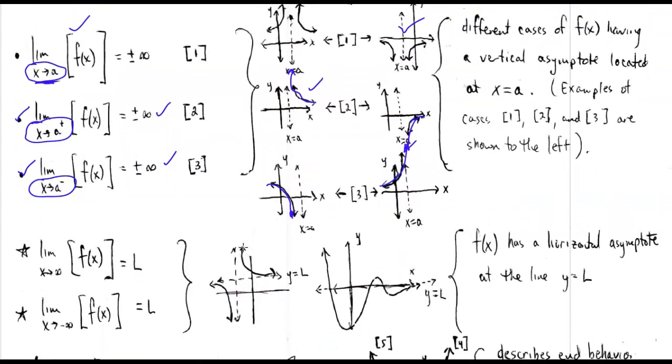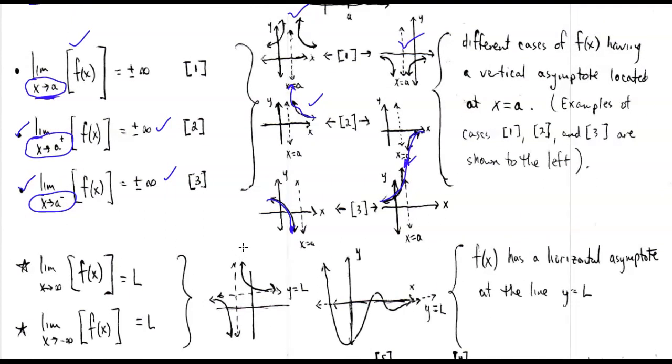All right, so the next examples that I have here are how we express that we have a horizontal asymptote on our graph. Remember, a horizontal asymptote is just a special type of end behavior. End behavior just means as x approaches positive infinity or negative infinity, what is my graph going to act like?